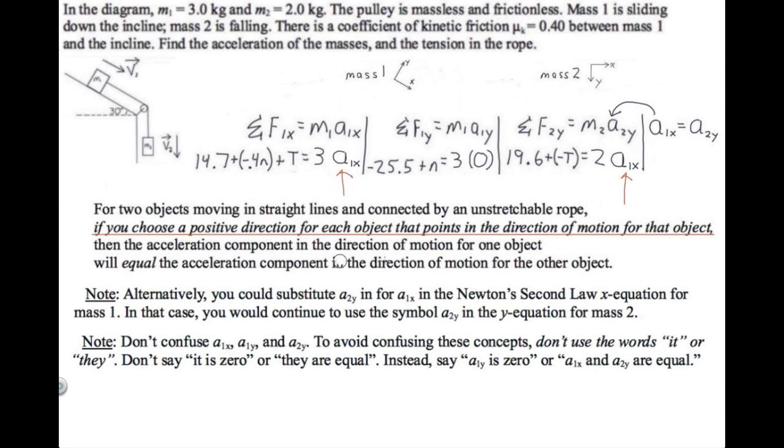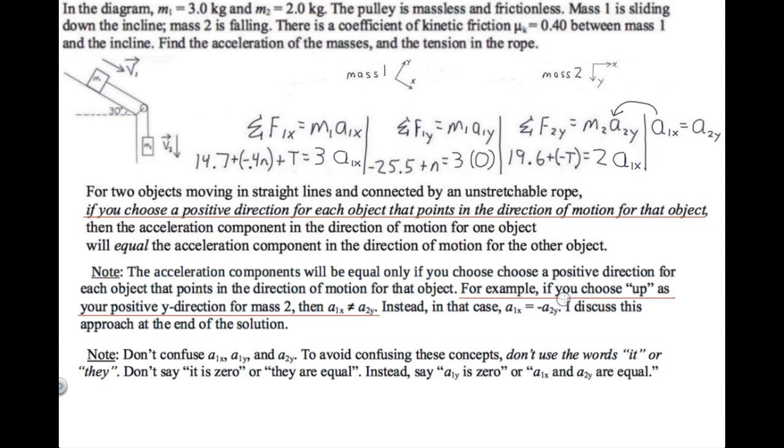Remember, this rule only works if you choose a positive direction for each object that points in the direction of motion for that object. For example, if you choose up as your positive y direction for mass 2, then a1x does not equal a2y.